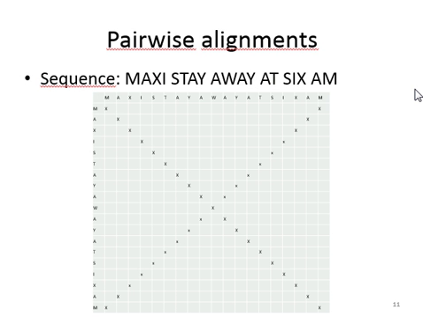But it is also used to check if a full sequence is a palindrome, like "Maxi stay away at 6 a.m." If we align it with itself, and we want to see the correspondence higher than a 10 window size, it only shows the full length of the sequence, and you can have two lines cross.